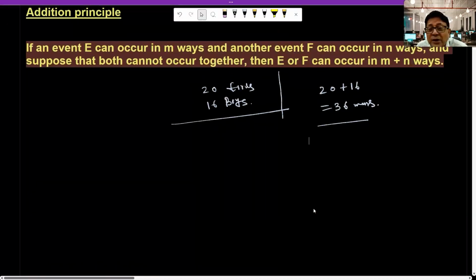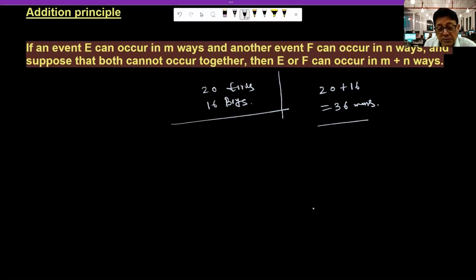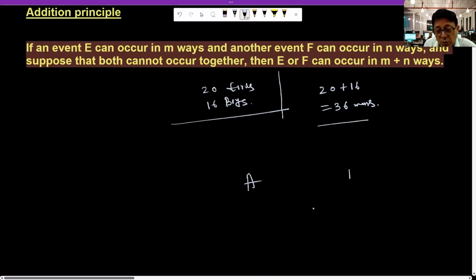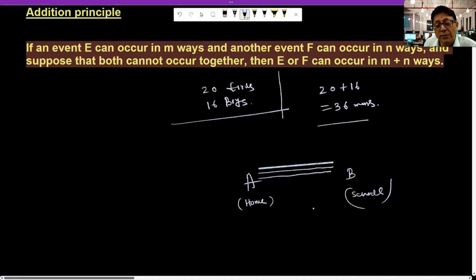Then I go for another example. Suppose from your home to your school, there are 3 bus routes. If you go by bus, then you follow one of the bus routes.